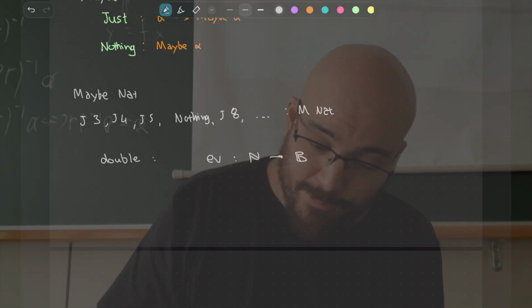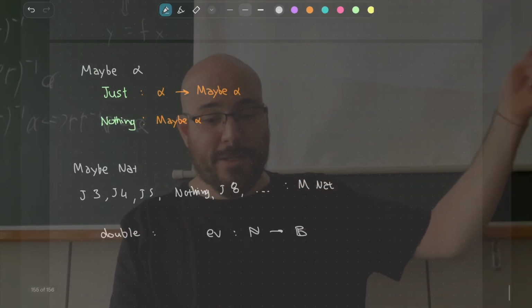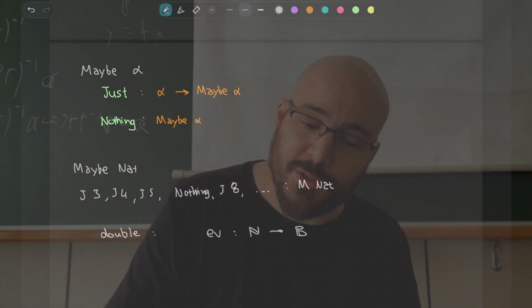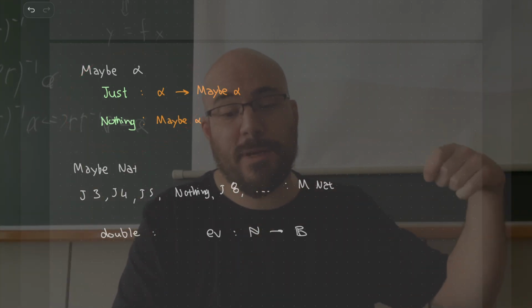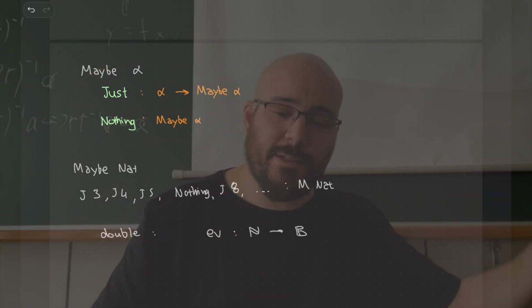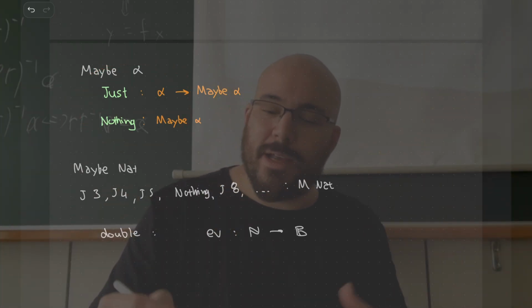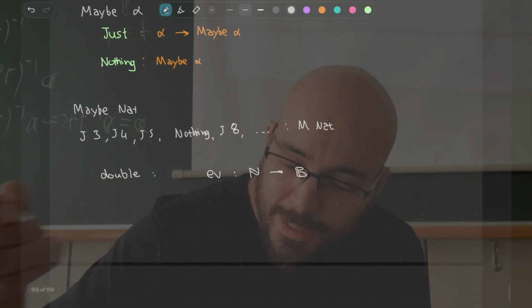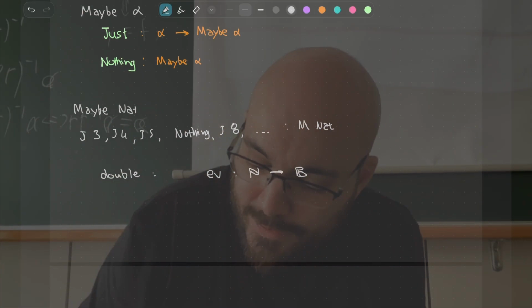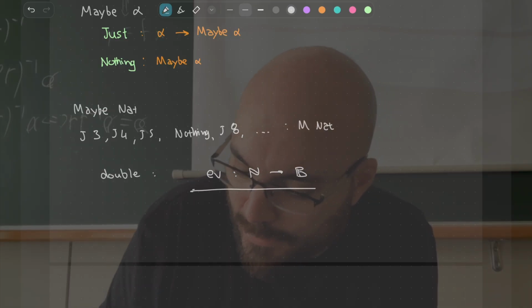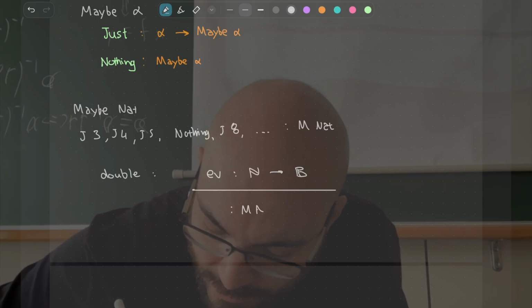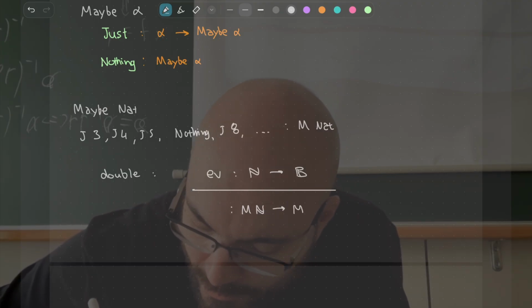to see if maybe is actually a functor. So if maybe is a functor, first of all, I know how maybe acts on types. It gets a type and gives me back this new type, the maybe alpha. It gets an alpha, it gives me maybe alpha, which is a new type. So indeed, it's from type to type. And now I want to see if I can shift this to also be applied to functions. So here I do have this function, and I'm wondering if I can infer from this something that goes from maybe nat to maybe bool.